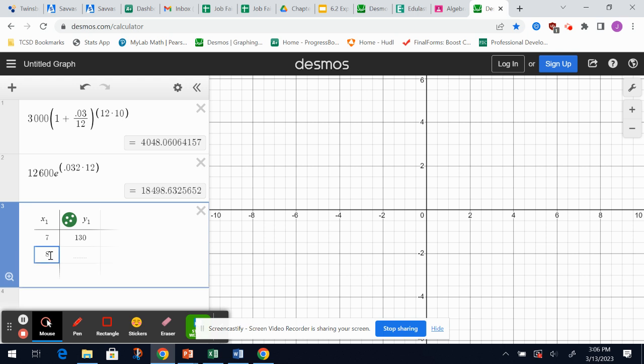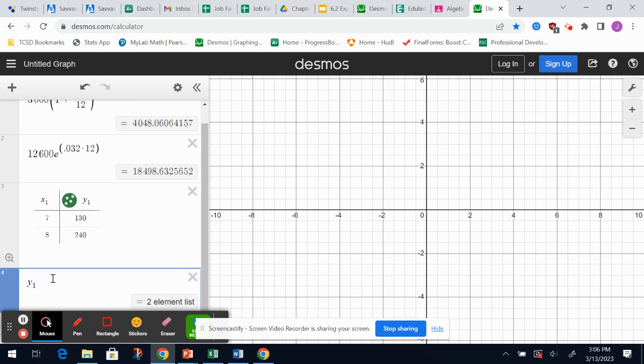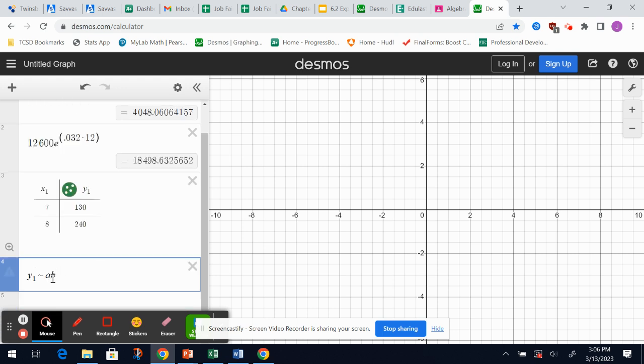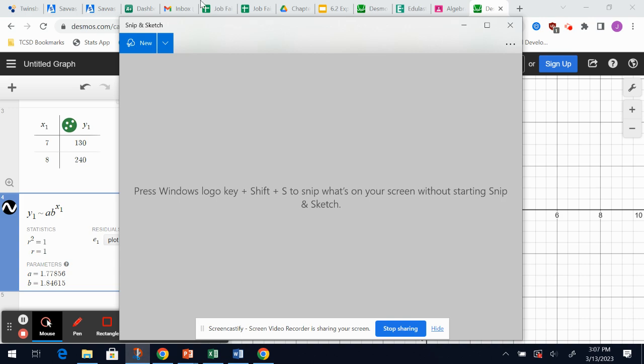So here's my two ordered pairs. And then I'm going to, in the next slide down, I'm going to type Y1. I'm going to hit the little tilde. I'm going to type in AB, and I'm going to raise that to the X1 power. You'll notice when I do that, this gives me my A and my B.